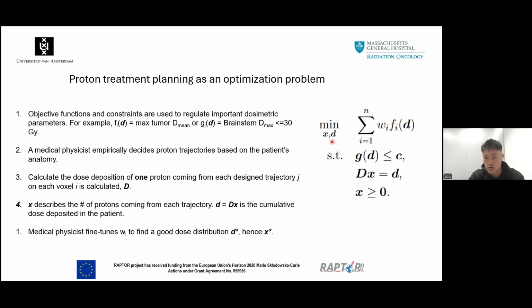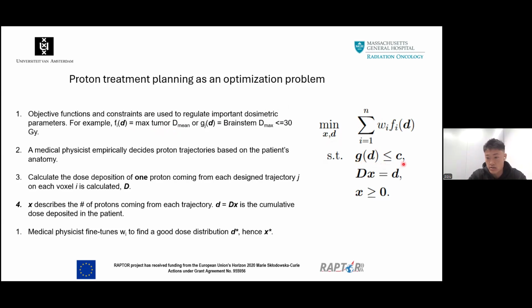We have two decision variables. The first one is the vector x. It represents how many protons we shoot from each direction or trajectory. And d represents the dose distribution, so how much dose each voxel receives. The objective is a weighted sum of individual objective functions, f_i. For example, f_i can be that we try to maximize the average dose within the tumor.